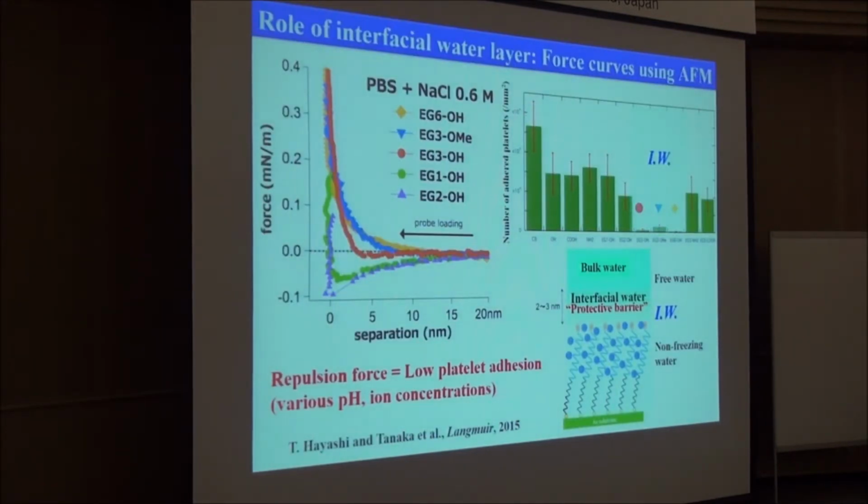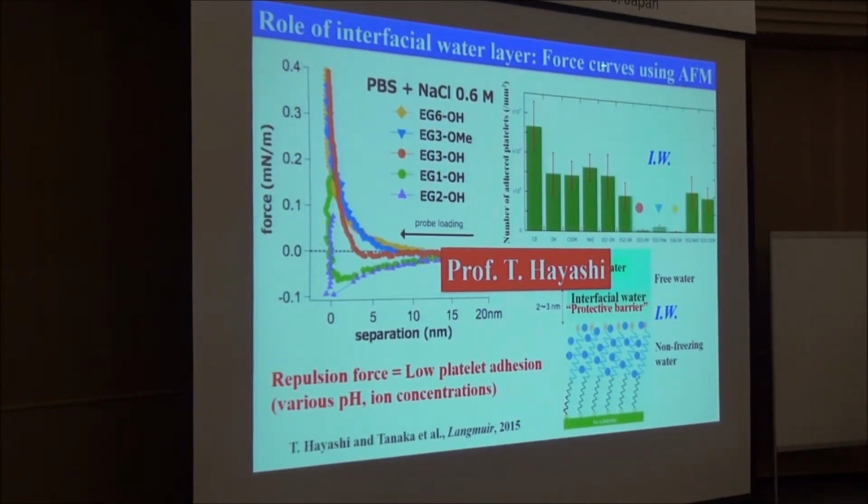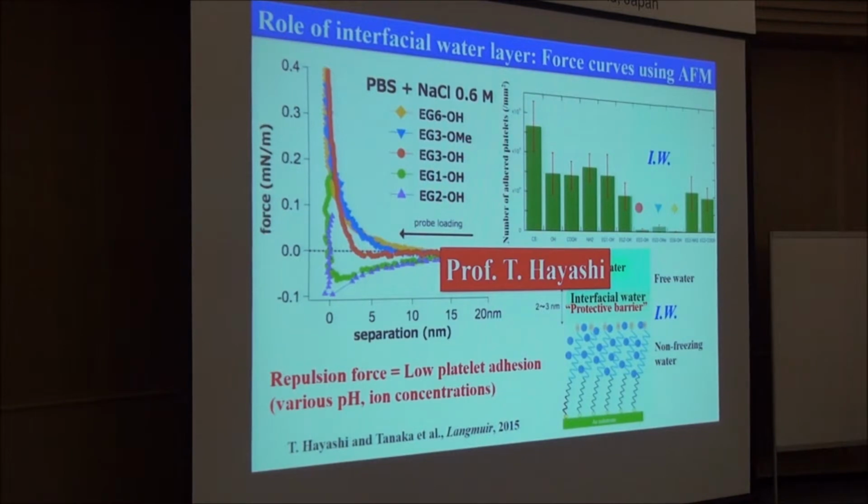And Professor Hayashi, the next speaker, found the role of the interfacial water layer using force curve measurement. If we prepare the intermediate water on the substrate, he always found a repulsion force like this. The role of the intermediate water means we can always observe repulsion force.